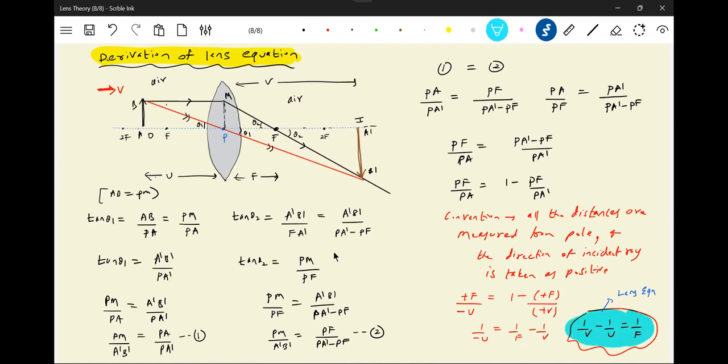We need not take help of a scale or protractor directly. If you know the object distance and focal length of the lens, substitute them and you'll get the position of the image.